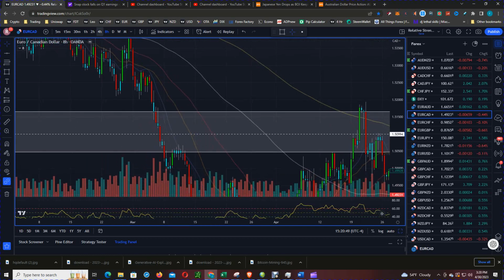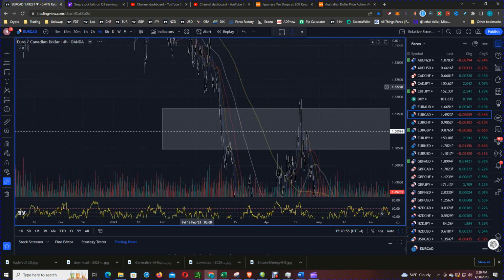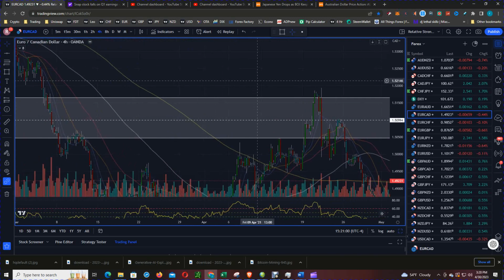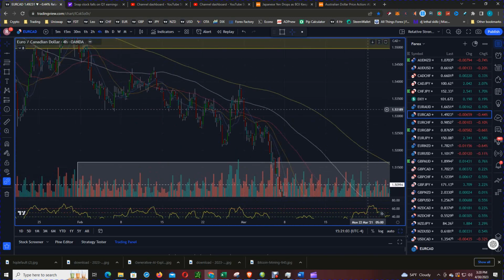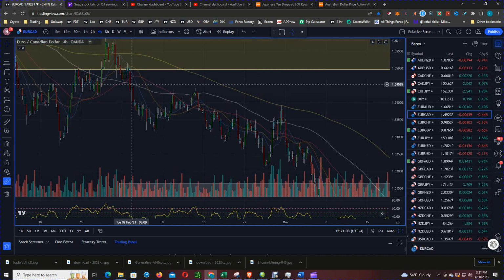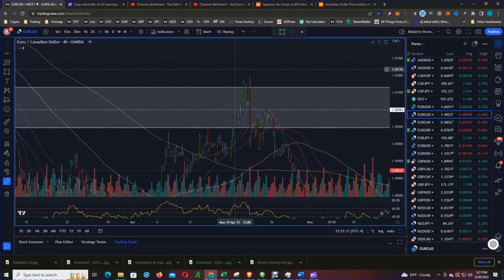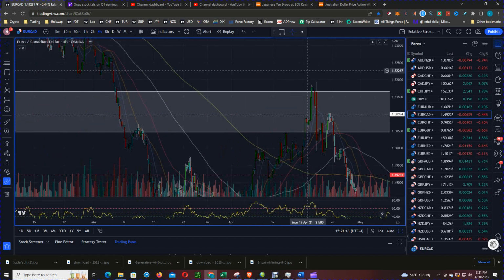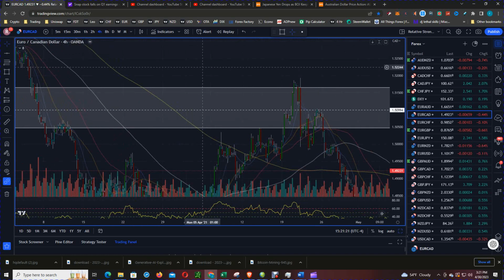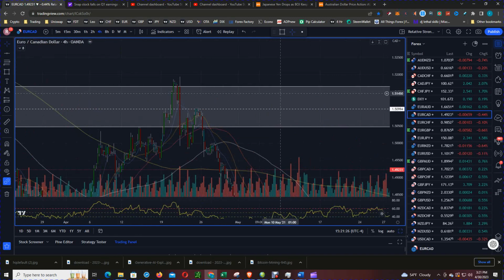All right, I'm going to go down to the 4-hour chart. Okay, so there's room to the upside. Again, this area is not fresh. It's a reaction to this level here. So there could be no more unfilled sell orders.